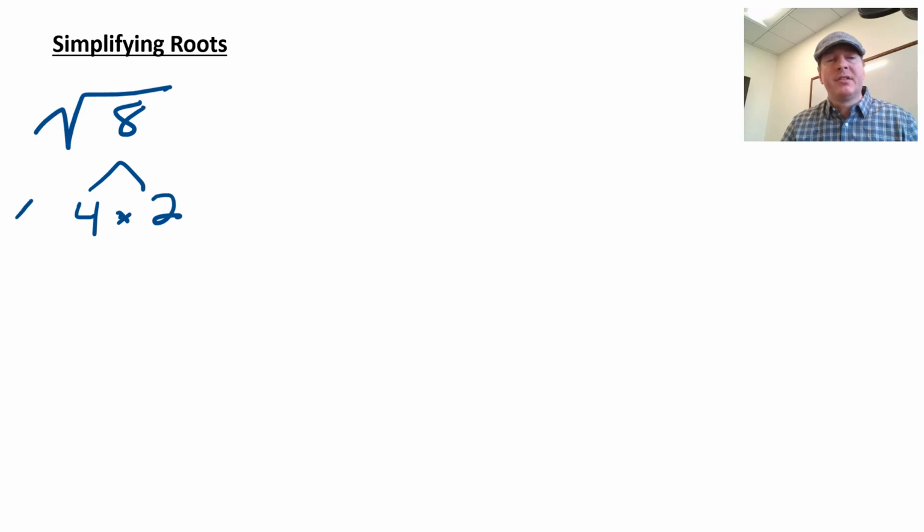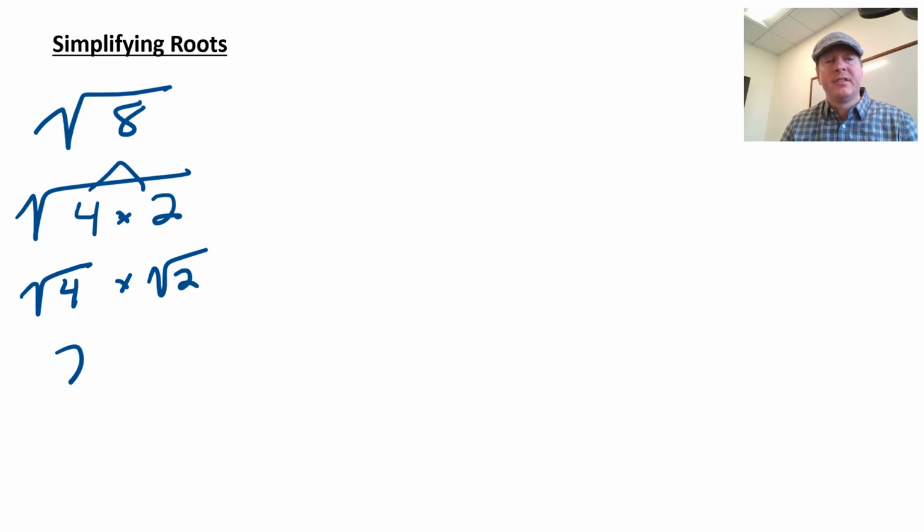So the square root of 8 is the same thing as the square root of 4 times 2. Well, you can separate those. That is the same thing as the square root of 4 times the square root of 2. That is the same thing as 2 times the square root of 2, 2 root 2. So you can simplify a root in that way by asking, is it divisible by any number that is itself a perfect square?